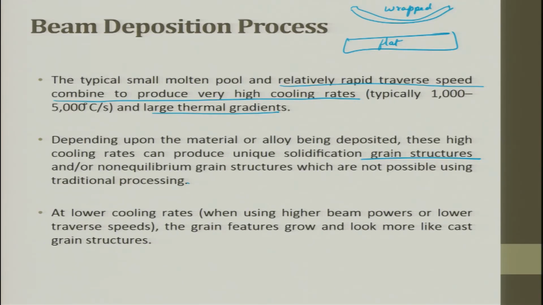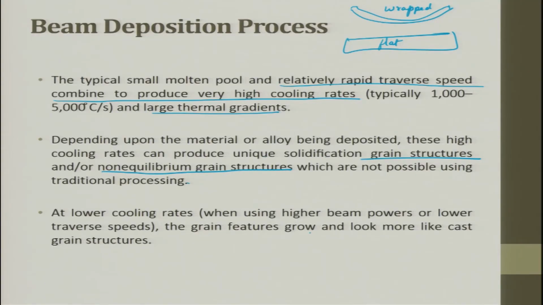So, by doing this, we can also create unique solidification grain structures or non-equilibrium grain structures, grain structures which you could never ever think about in the conventional process. Why are these grain structures very important? They play a very important role in creating toughness, in creating hardness, or a trade-off. At lower cooling rates, the grain features grow and look like a cast grain structure.